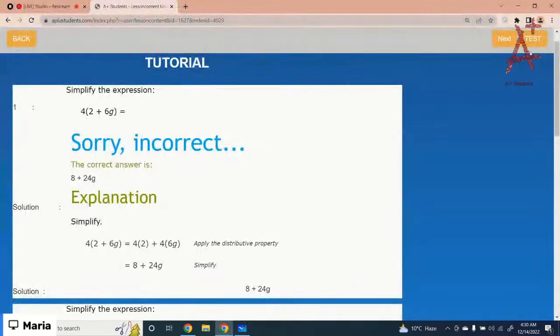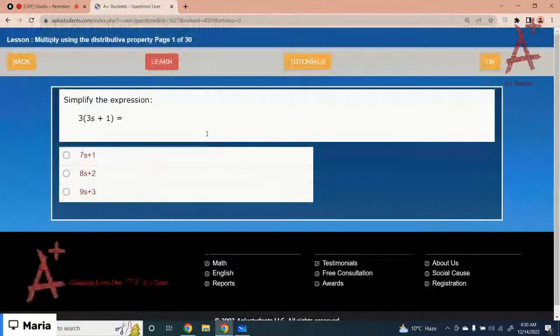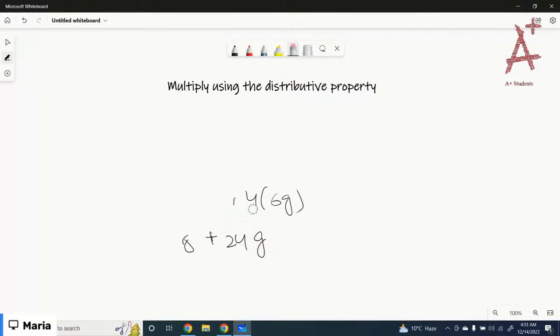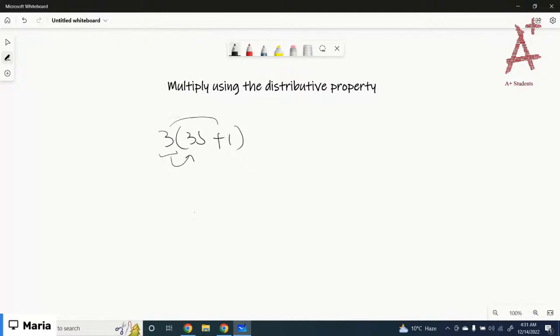Okay, let's start with the test questions. The first one is 3 times (3s plus 1). So you multiply the 3 with the 3s and 3 with 1.